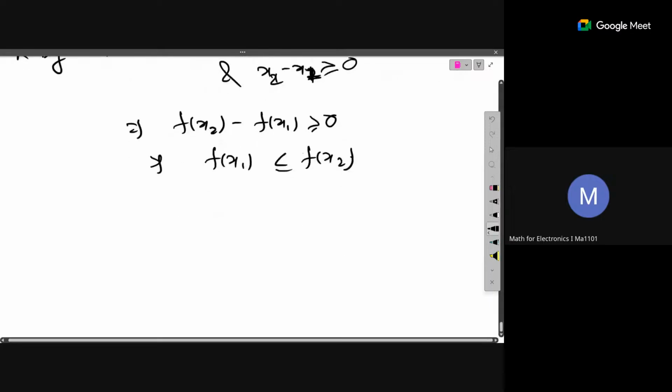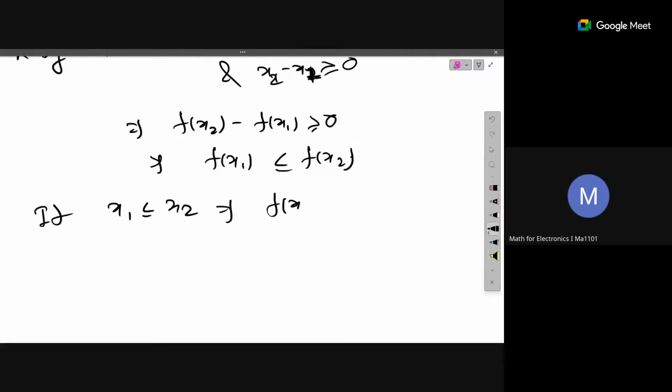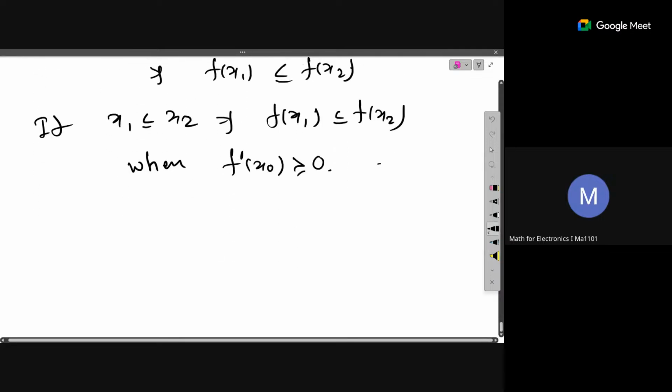So what do we conclude? We conclude that if x1 is less than or equal to x2, then it simply implies f of x1 is less than or equal to f of x2, when we are taking f dash at x naught greater than or equal to 0. So it will prove our first statement.